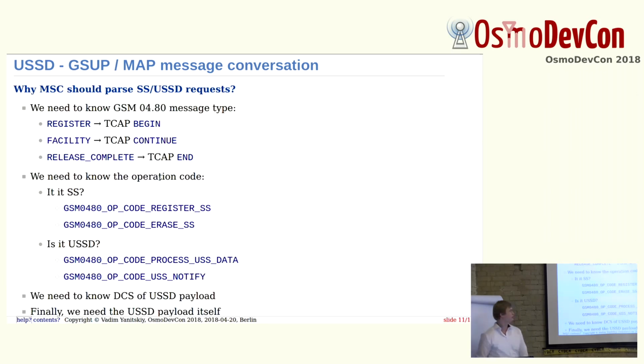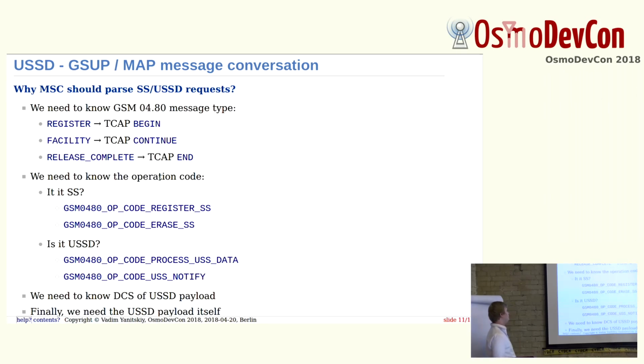And there is a question why the MSC should parse a USSD request or SS request. First of all, we need to know what this message is. Are we going to start a new session, or finish a session, or is it just some message within a session, or so on?